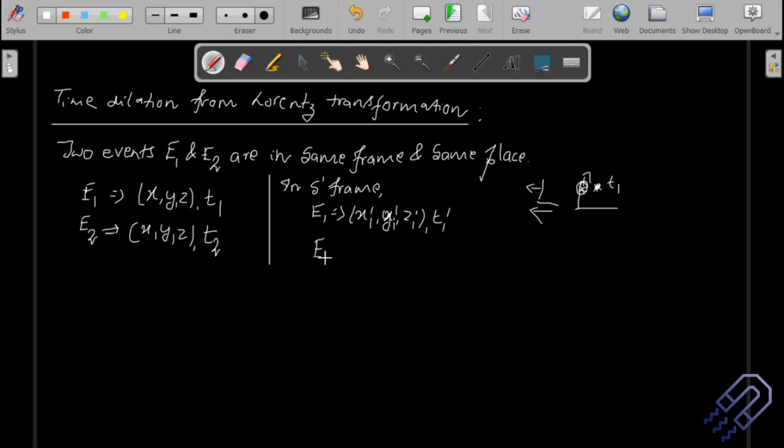This should be very clear to derive the time dilation relation from Lorentz transformation. The second event is x2 prime, y2 prime and z2 prime at time t2 prime. So E1 and E2 will appear at different positions, and this is quite logical.